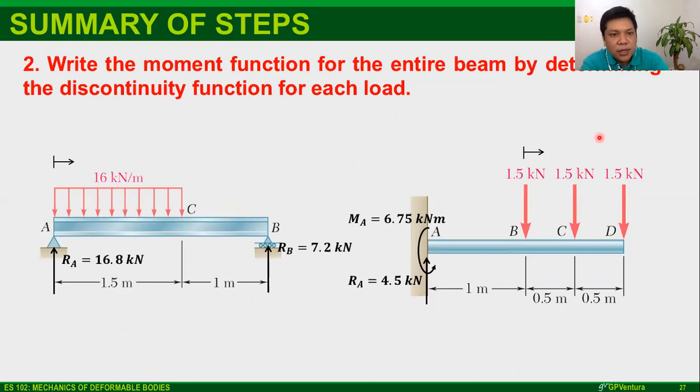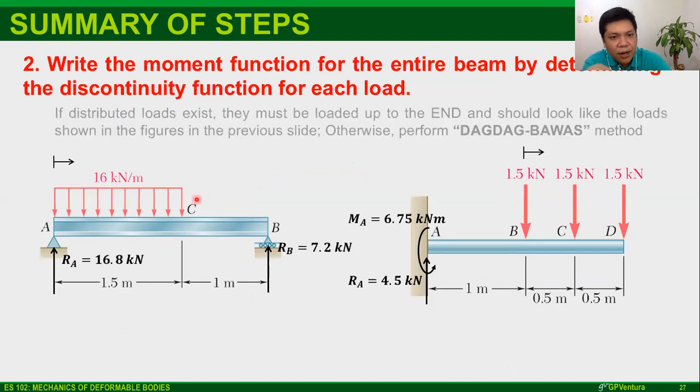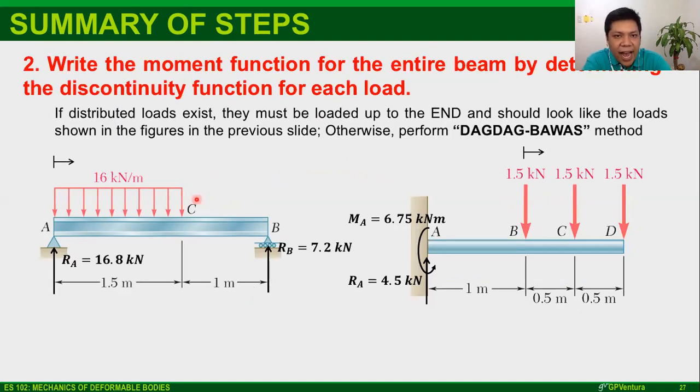Now again, look at this. Please remember that if we have distributed loads, we need to perform dagdag bawas if it's not loaded up to the end. Now, please remember, what is our end again for this example if to the right is positive? It's actually B, correct?